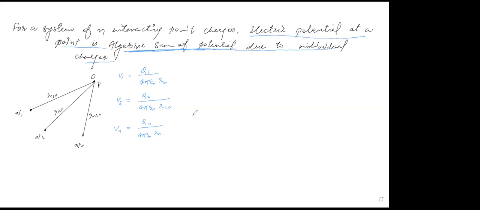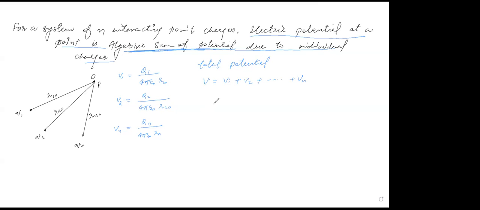So we can write here the total potential V is equal to the algebraic sum of all the potentials. We can write V1 plus V2 up to Vn. Am I right or not? Are you understand?